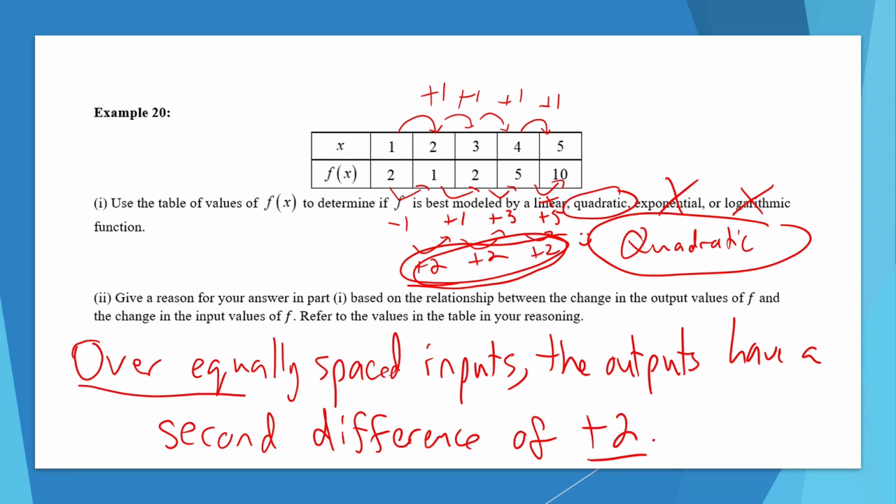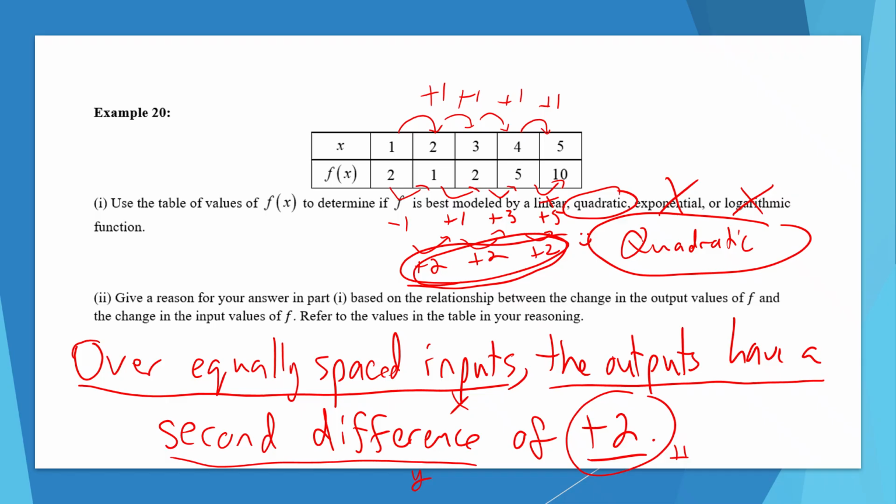So here I talked about my x values. Here the outputs have a second difference. I talked about how my y values are changing. And then I talked about the specific number. So all 3 of these would be good enough. I would get plus 2 points there, making me very happy.